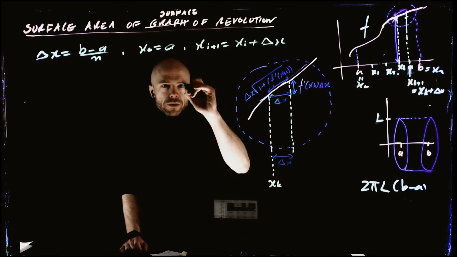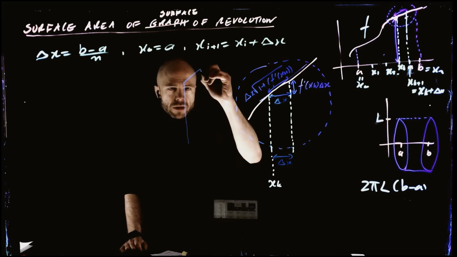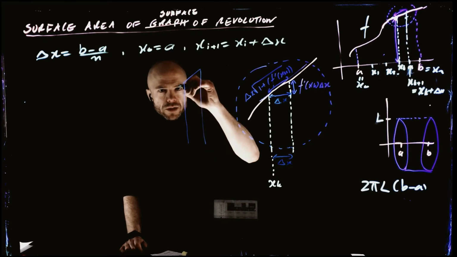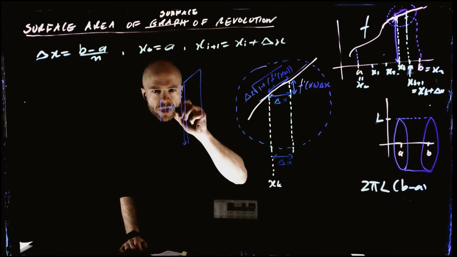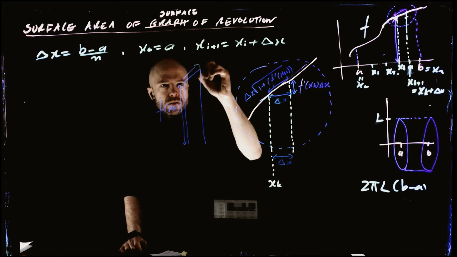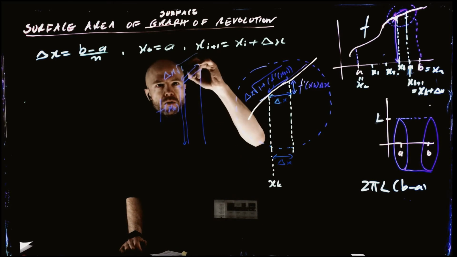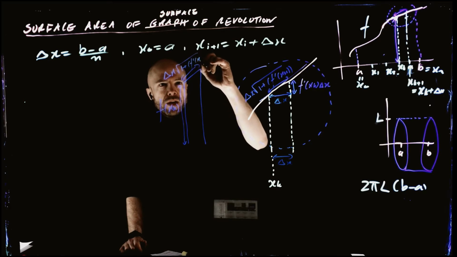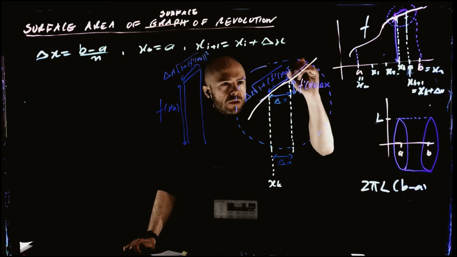So we have all the ingredients, right? Let me draw it here. We have this thin strip like this. And this side has length f of xk. This width right here is delta x square root of 1 plus f prime of xk squared. I forgot to write the square. Pythagoras.